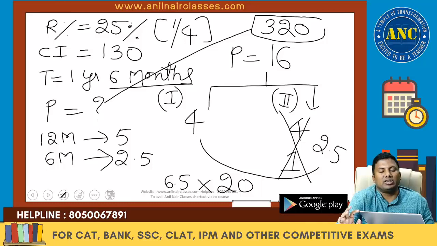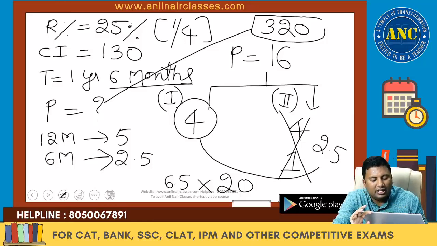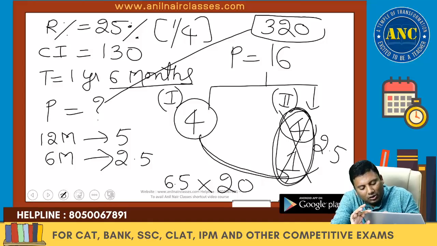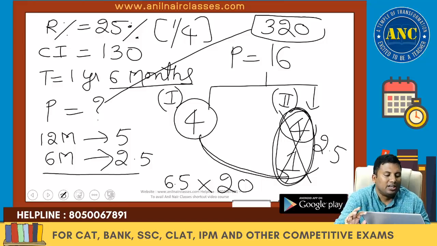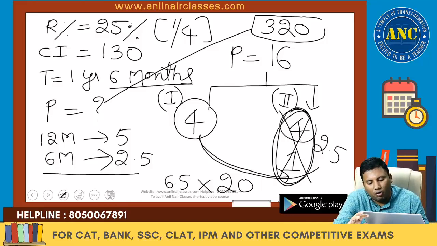25 percentage is 1 by 4. P is 16. First year it is 1/4 of 16, which is 4. 1/4 of 4 is 1. 4 plus 1 is 5. 5 is for 12 months, but for 6 months it is 2.5. 4 plus 2.5 is 6.5.